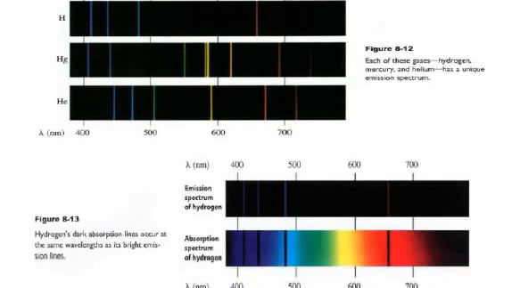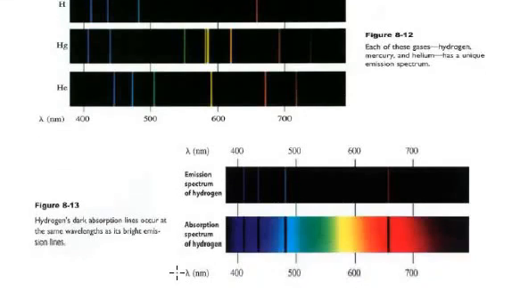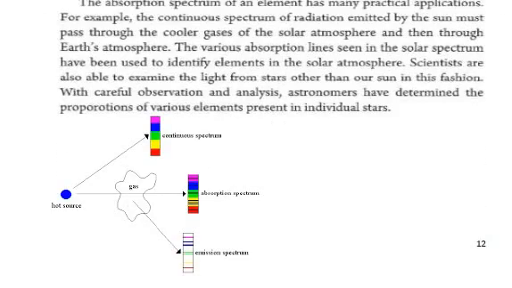Here we have another figure that shows us absorption and emission spectra: the emission spectrum of hydrogen and the absorption spectrum of hydrogen. If you want to understand better, here is another schematic of the absorption spectrum. Here we have a hot source. If the radiation comes directly from that hot source, there will be a continuous spectrum like that. If we put a prism in front of that hot source light, you will see a continuous spectrum if there are no barriers between the prism and the hot source.